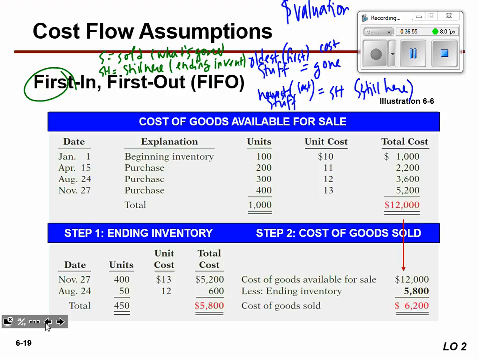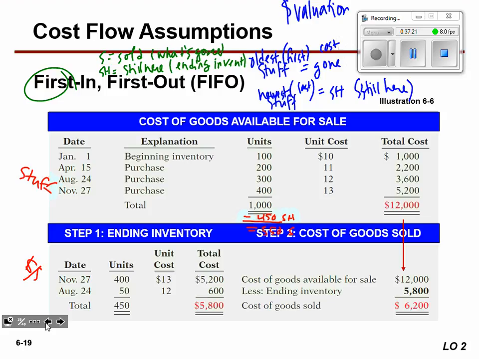One thing I like to do, and hopefully this doesn't confuse you, but if I go back into it, we had 1,000 units available minus the 450 that are still here equals 550 that are sold. Again, this is the valuation of the stuff. You back into it this way.